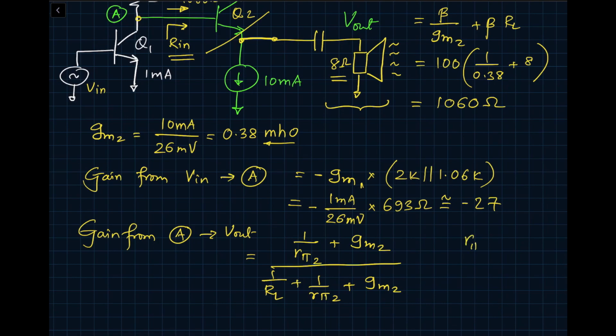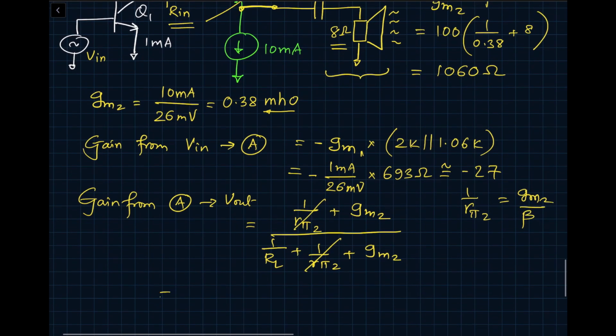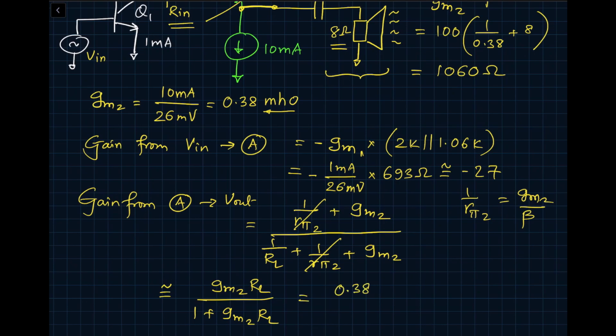Now the reciprocal of R pi 2 is equal to GM2 divided by beta. So we can ignore this piece and the gain will look like GM2 RL divided by 1 plus GM2 RL, approximately. So this number is going to be 0.38 multiplied by 8 ohms, divided by 1 plus 0.38 multiplied by 8 ohms.